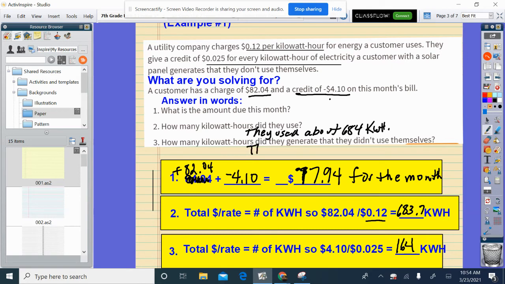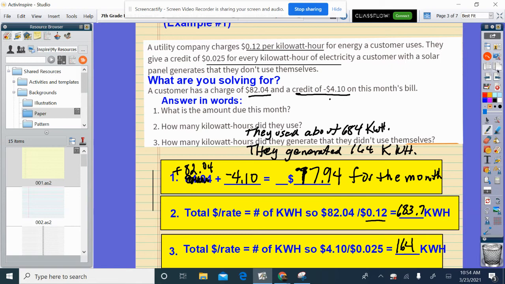So they generated 164 kilowatt hours. That's how much they sold. Again, use your words in answering word problems, watching your signs, and applying the rules we have.